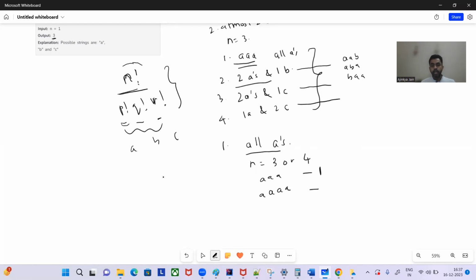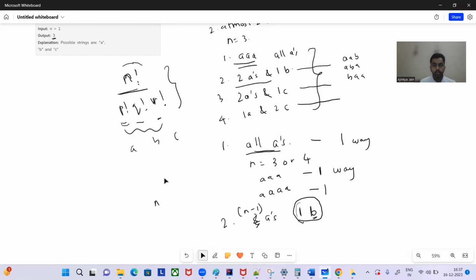It can be done one way only with all A's. Then second is n minus 1 A's and 1 B. Why n minus 1? Because the B is taking one position.